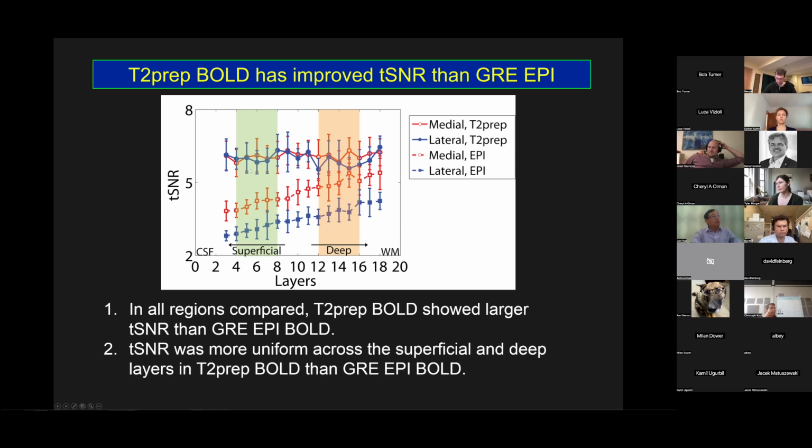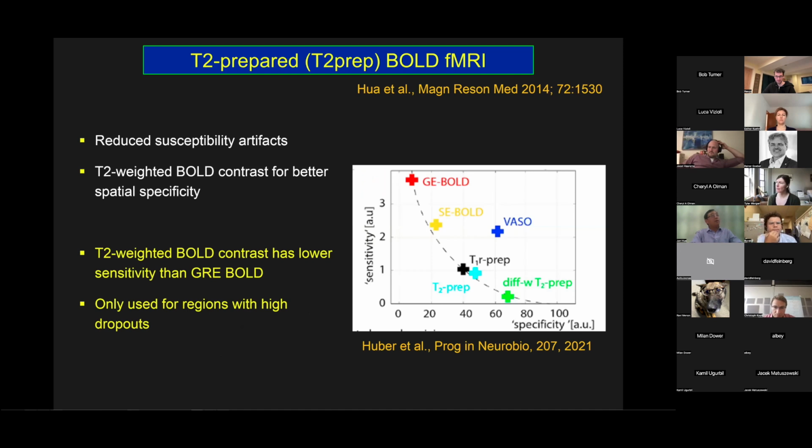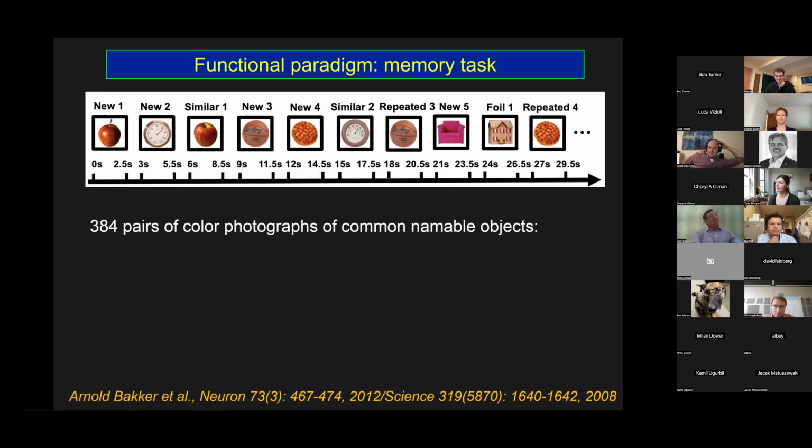But if you look at the T2 prep data, the temporal signal to noise ratio profile is much more uniform across the layers. So eventually we decided to use this method for this particular project. Since I'm short on time, I'll skip the next slide, unless there are physicists in the audience who want to discuss that. So this is the imaging part.